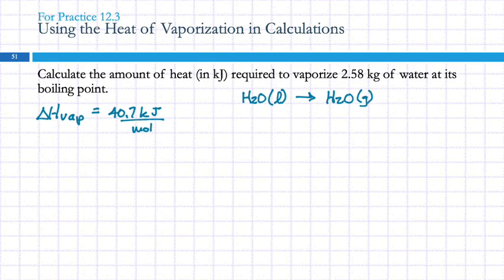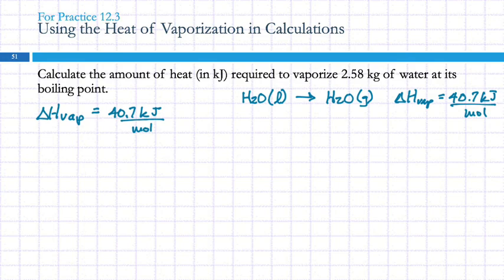Delta H for that reaction, that change, is 40.7. So if 1 mole of water is converted to gas, 40.7 kilojoules of energy have to go in.